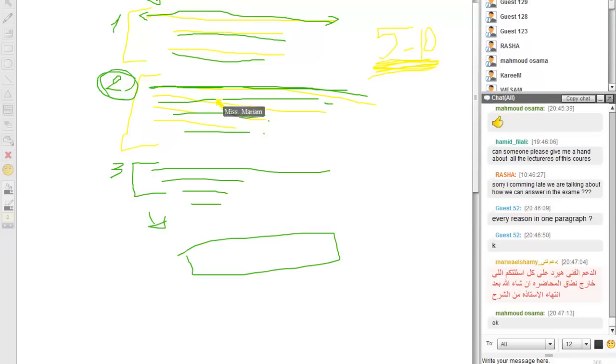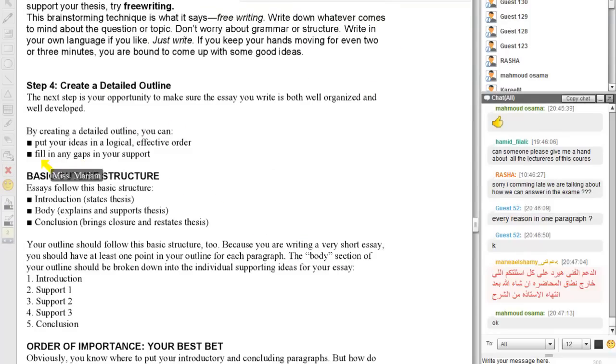Now I made my outline. I have a perfect logical relation between every paragraph and every idea. The logical sequence is perfect and everything is okay, but maybe I have to rephrase my words, or to rephrase my ideas themselves, to fill any gap.